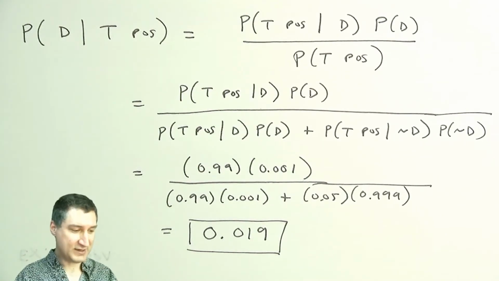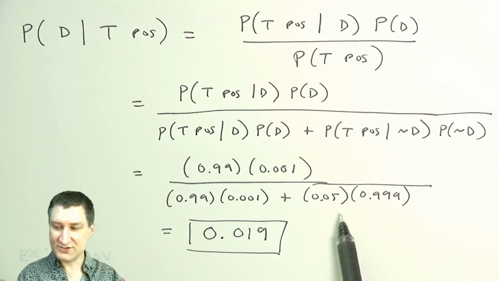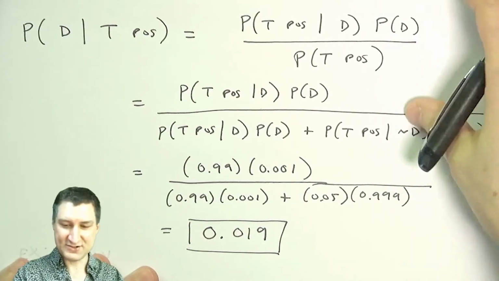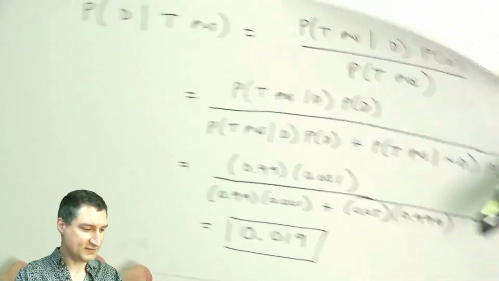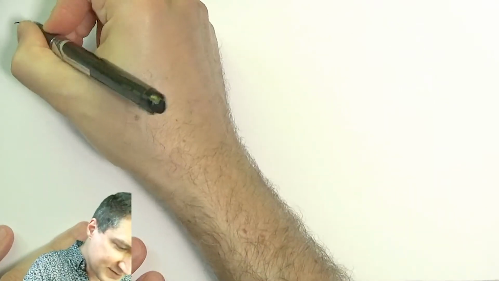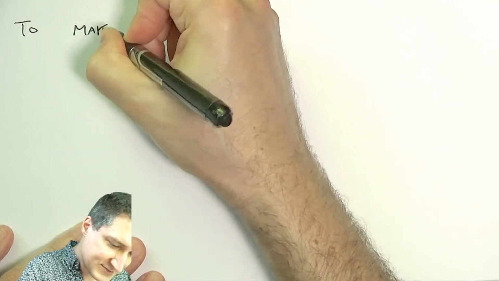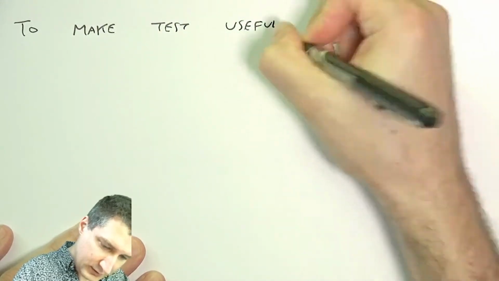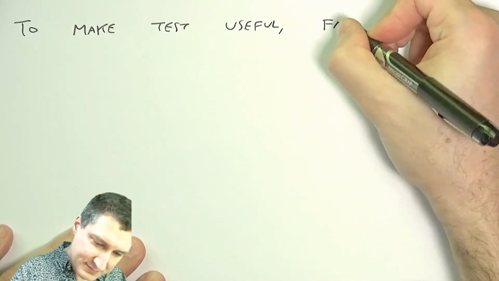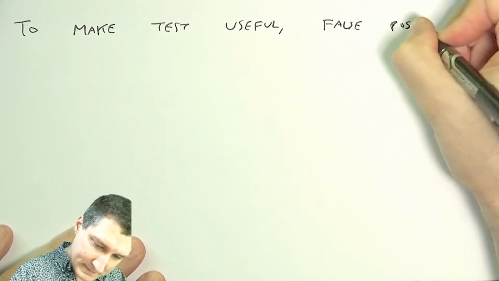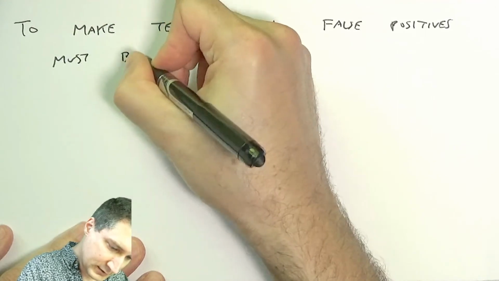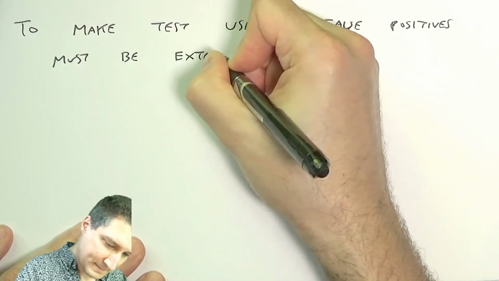So in order to make a test really effective, you have to drive down these false positives to a much, much lower rate than 5%. This is way too high for a test to be effective. So to make the test useful, the false positives must be extremely low.